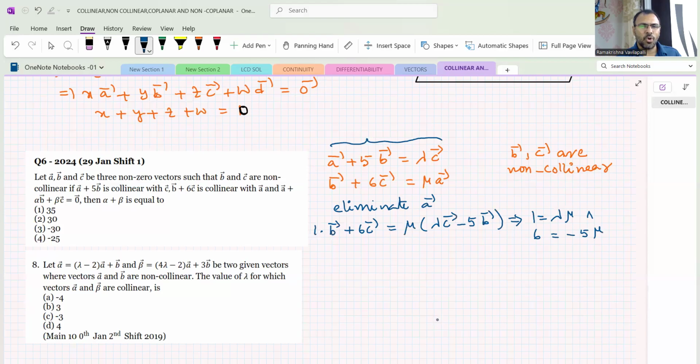So this implies lambda mu is equal to minus 6 by 5, and that lambda is equal to minus 5 by 6. If A bar plus lambda B bar plus alpha... beta C bar equals 0, then what is alpha plus beta? This is the question.